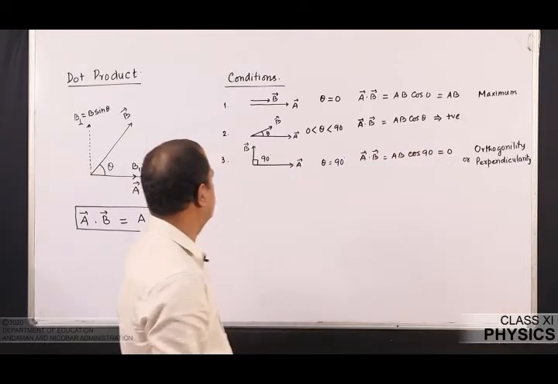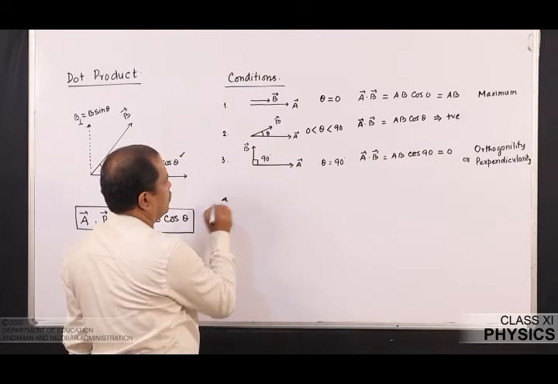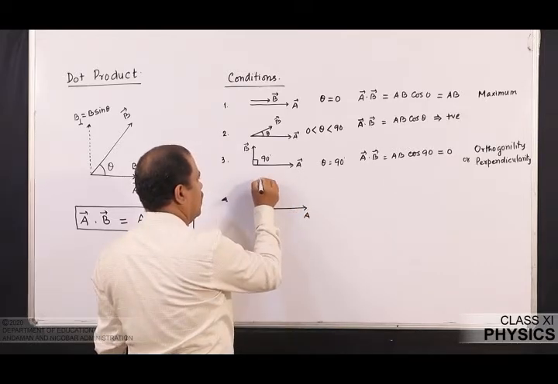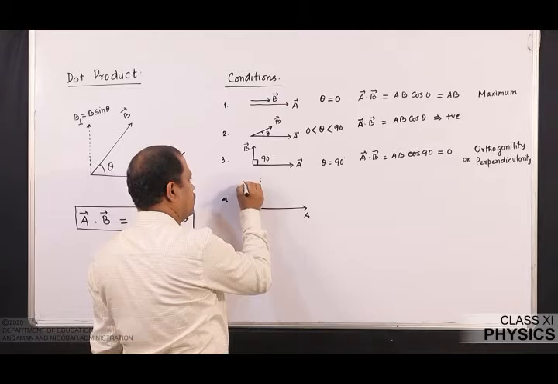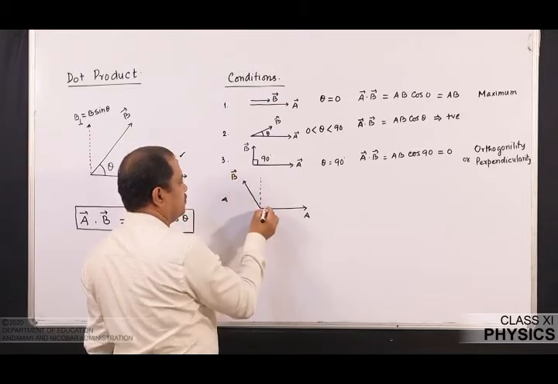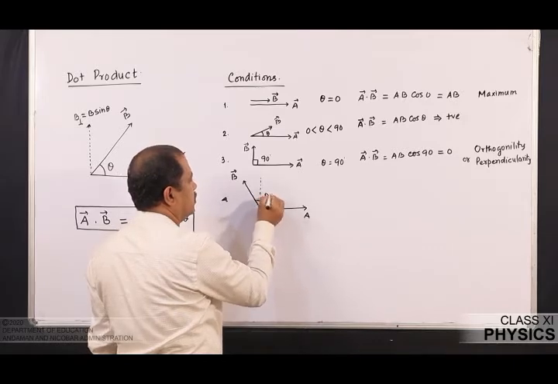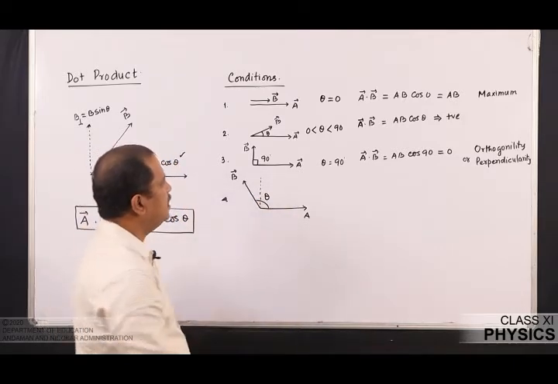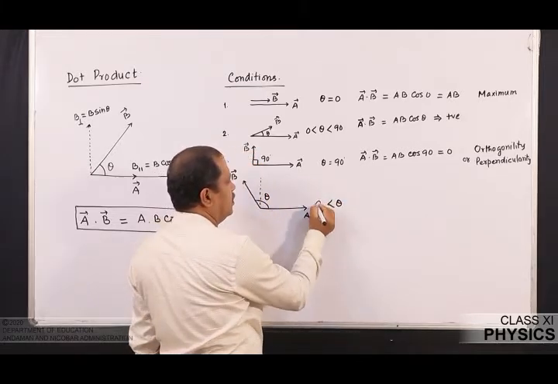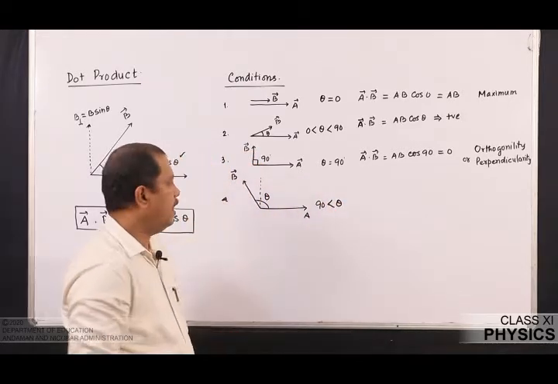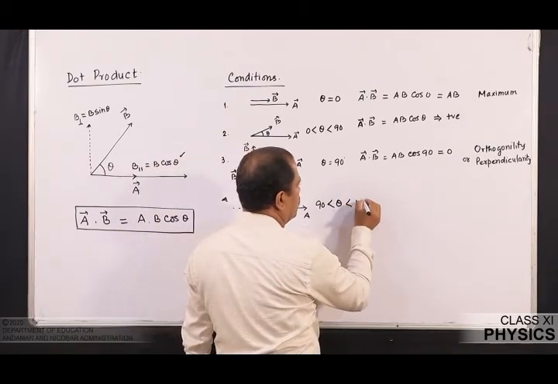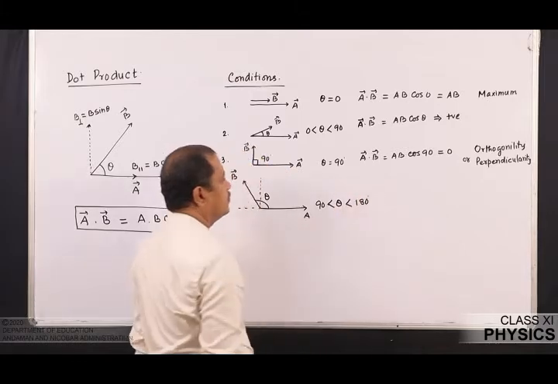Fourth condition: I have a vector A like this, and this time I have my vector B like this, and this is the angle theta between them, such that this time my angle theta is greater than 90 degrees and less than 180 degrees.